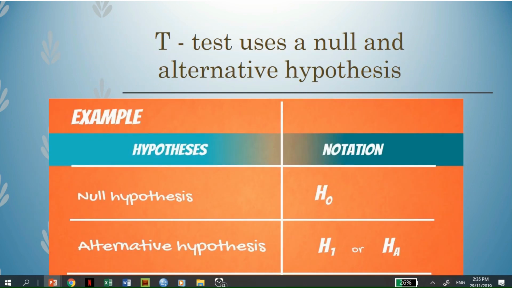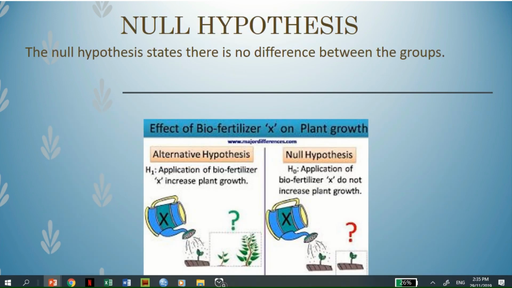Now, the t-test also uses what we call a null and alternative hypothesis, and I believe null and alternative hypothesis has already been discussed before in the previous chapter, so this will just serve as a sort of review. So when we say null hypothesis, it states that there is no difference between the groups.